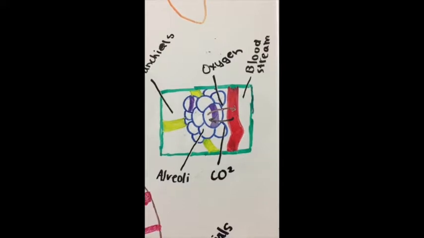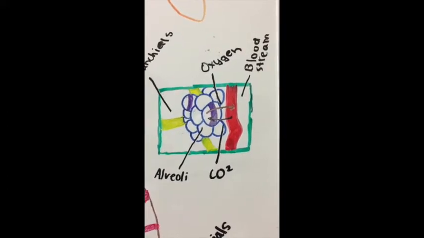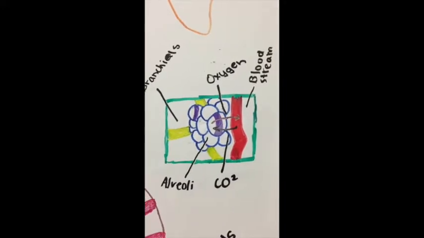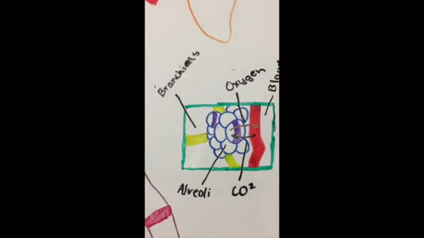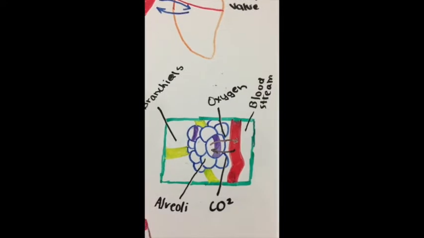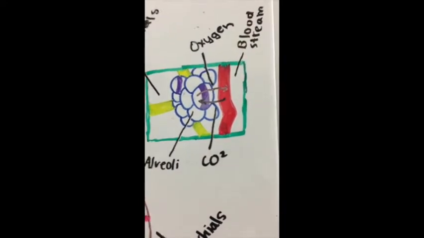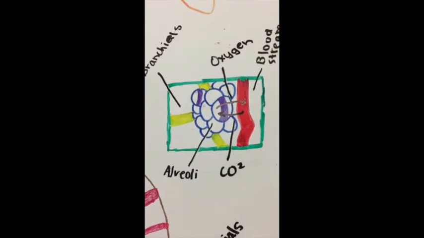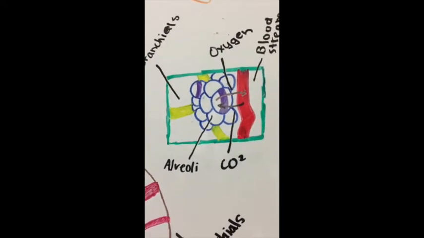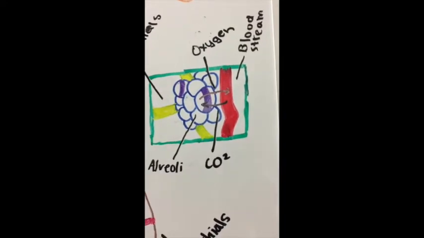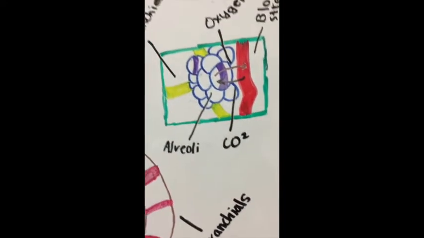It takes the carbon dioxide into the alveoli, and that's what you exhale. The alveoli are all in these small sacs, and they transfer oxygen, and then they take in carbon dioxide.